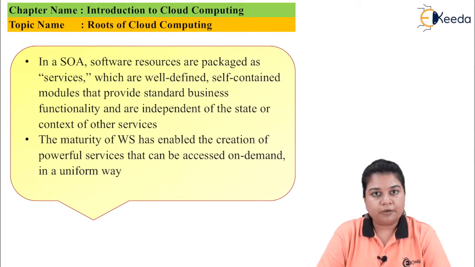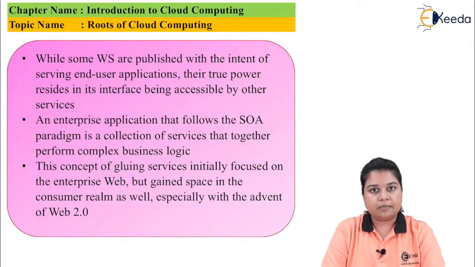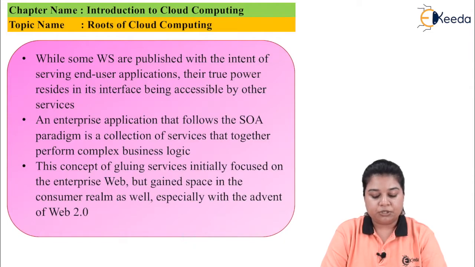The maturity of web services has enabled the creation of powerful services that can be accessed on demand in a uniform way. While some web services are published with the intent of serving end-user applications, their true power resides in their interface being accessible by other services. An enterprise application that follows the service-oriented architecture paradigm is a collection of services that together perform complex business logic.